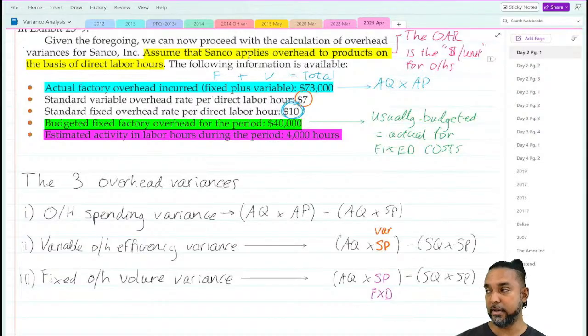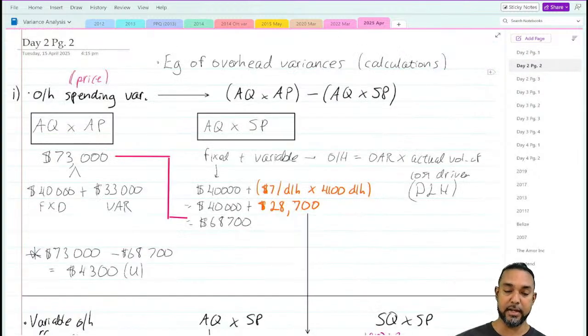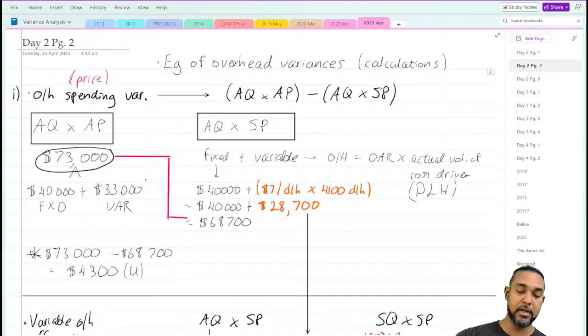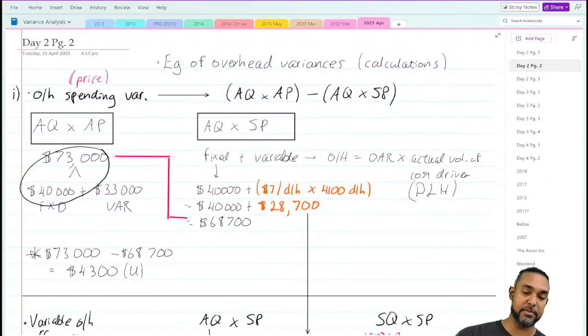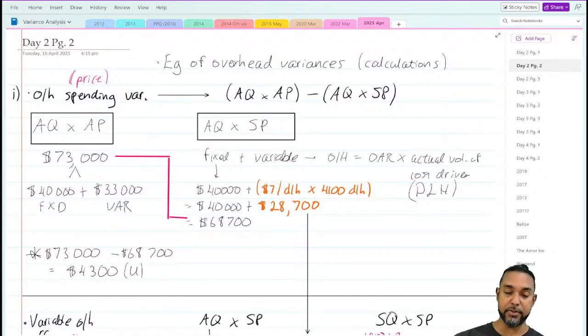Budgeted fixed factory overhead usually ends up being actual fixed factory overhead because we usually know the fixed overheads beforehand, and once you are within the relevant range, the fixed overheads stay fixed. So we take the 73, which is the total, and break it up into fixed and variable. Fixed is 40 because they gave it to us, and 73 minus 40 is 33. So that's the actual part.